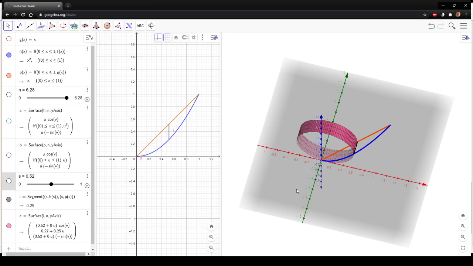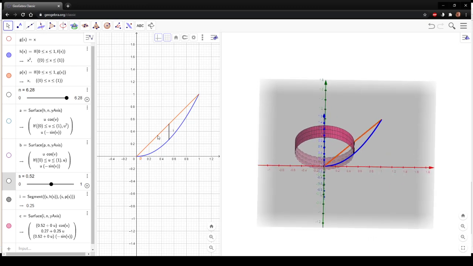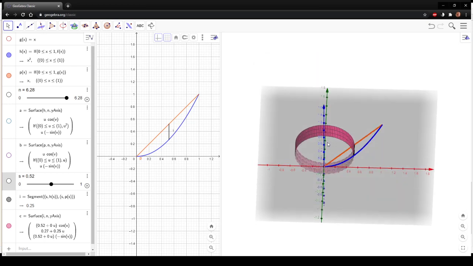Okay, so we need to know what the radius and the height are. So what is the radius? The radius is the distance between the axis of rotation and the slice. So from axis of rotation to slice, well, that's literally just x, right? Because the slice can be at any x value between 0 and 1.